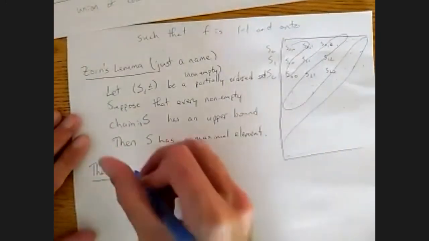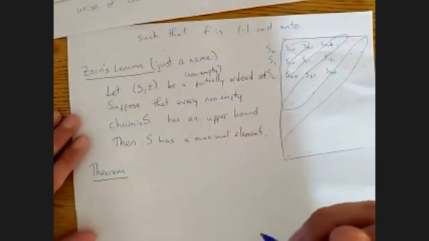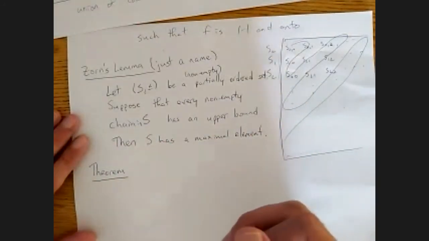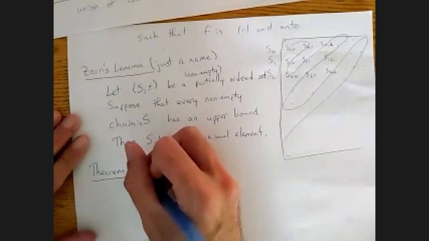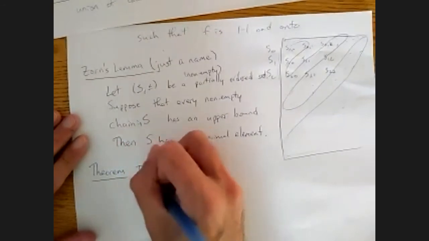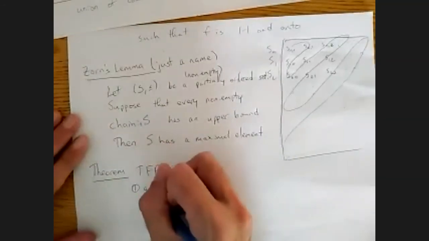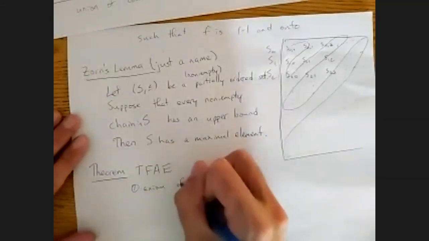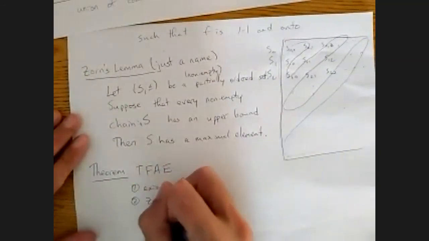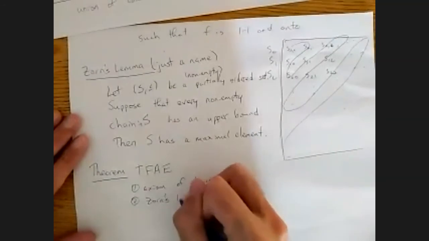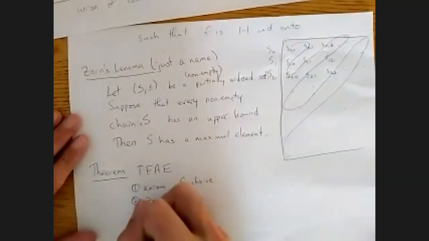Like the other axioms of set theory being fixed, we'll just state it roughly like the following are equivalent: the axiom of choice, Zorn's lemma, the well-ordering principle.